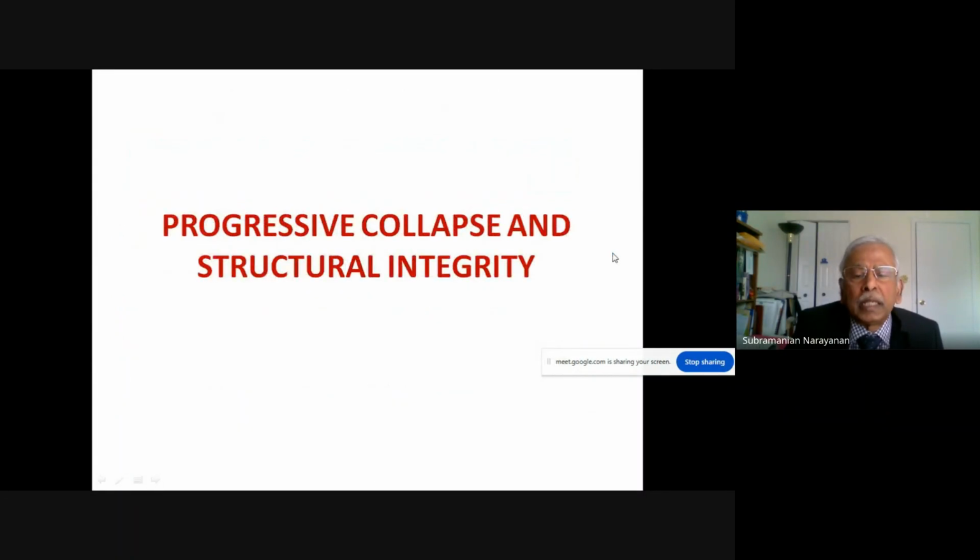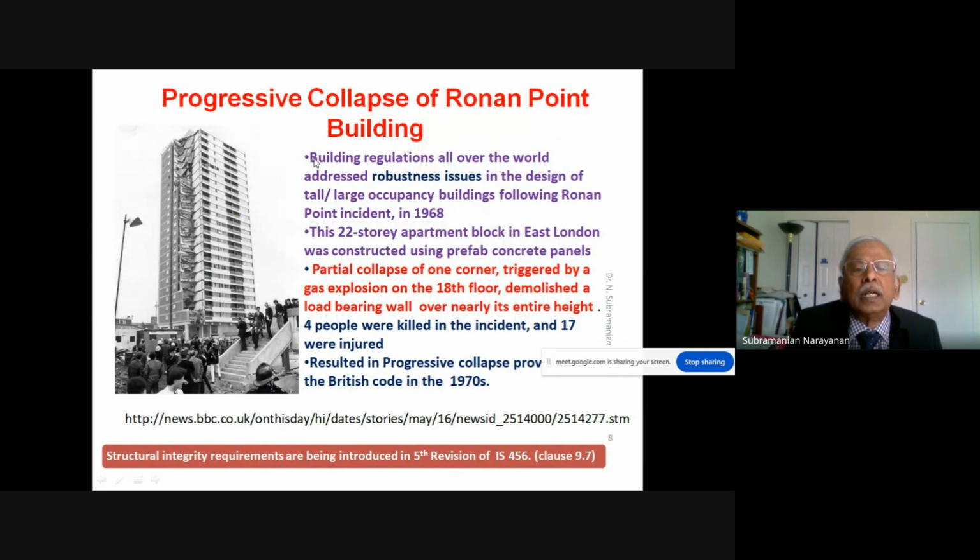So now let us go to the progressive collapse and structural integrity. Building regulations all over the world address robustness issues. That is why I have included this as a first slide in the presentation. In the design of tall and large occupancy buildings following the Ronan Point incident in 1968.